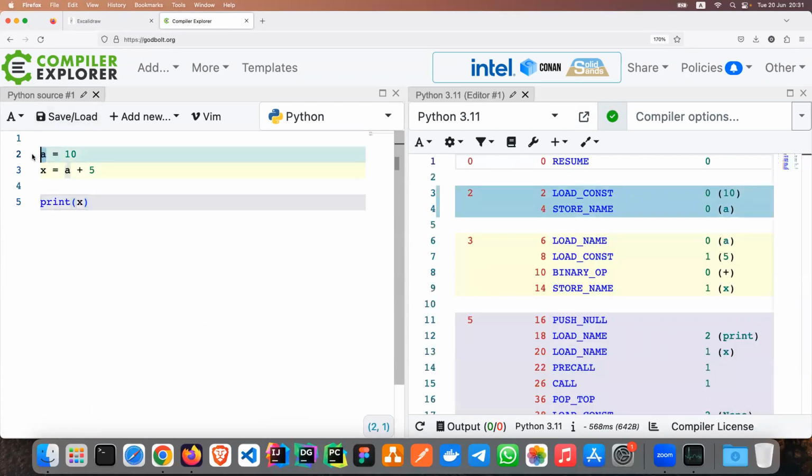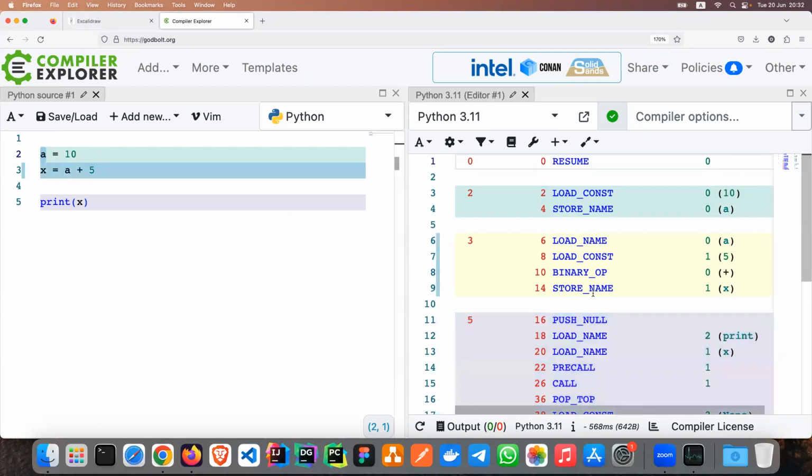Like this, A is some address in RAM, and this 10 is the value at that address. In programming languages, we call them variables because it's something that can change. Its value can change. That's why we call them variables.